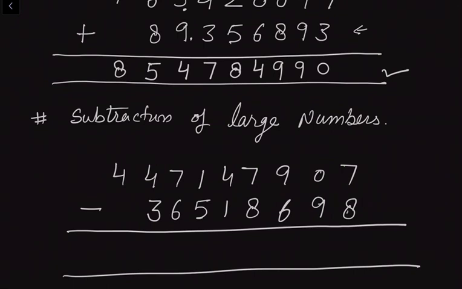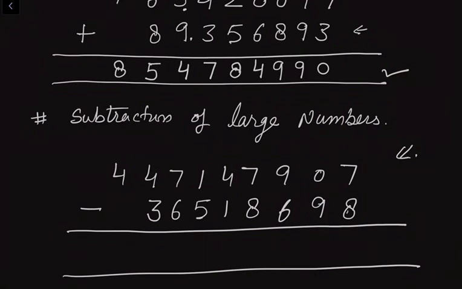How will we subtract? We will subtract from the right hand side. 7 minus 8. 7 is smaller than 8. So we will take a borrow from 0. Then 0 is a very small number.